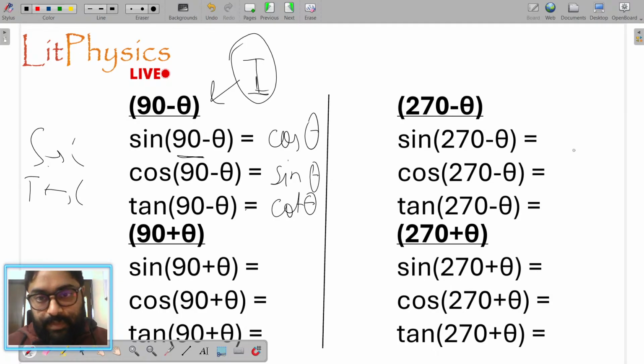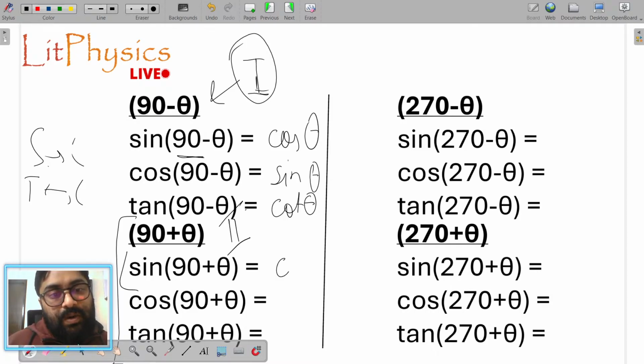Okay. Moving on to 90 plus theta. So 90 plus theta means you are in the second quadrant. In the second quadrant, only sine will be positive, rest all will be negative. So sine is converted to cos theta, and cos gets converted to sine theta, but cos is negative in the second quadrant.